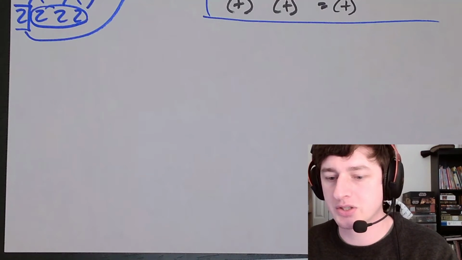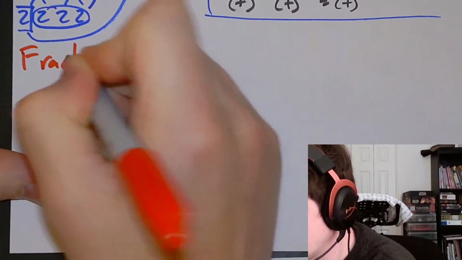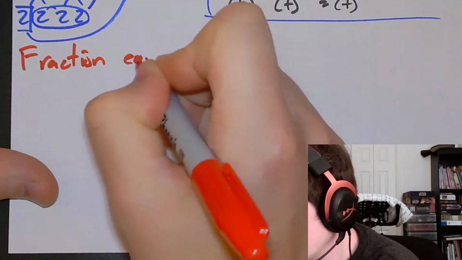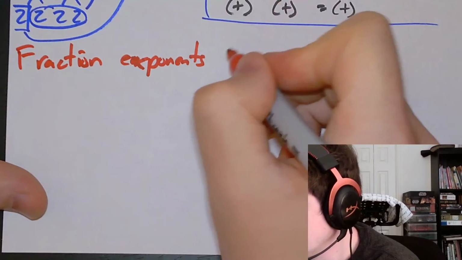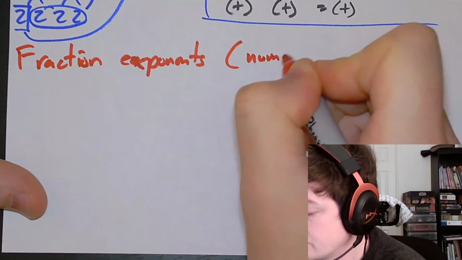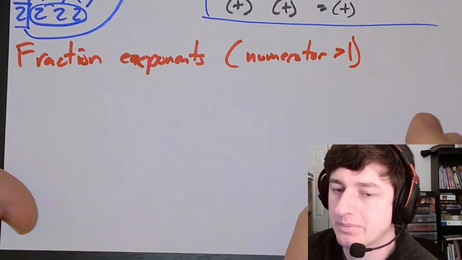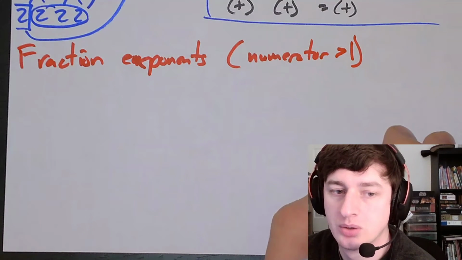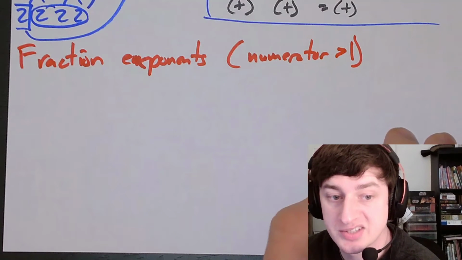So fractional exponents, we're not just talking about something like x to the 1/2, because that's just the square root. These are going to have a numerator that's bigger than 1. I mean, really, this works for any fractional exponent, but we're concerned about the numerator and the denominator not simplifying.